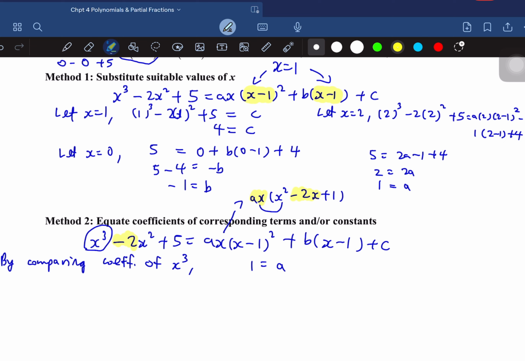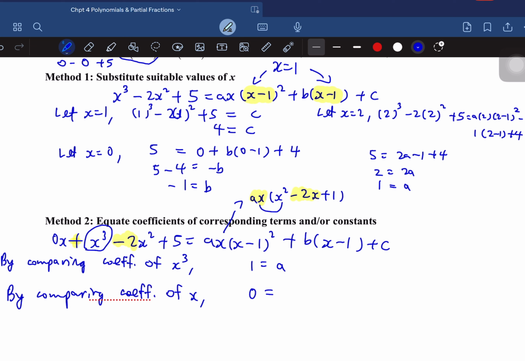Then we compare x. If you compare x, you can see on the left hand side there is no x term, which means that the coefficient of x on the left hand side is plus 0x. So the coefficient of x on the left hand side is 0. So by comparing coefficient of x, left hand side is 0.